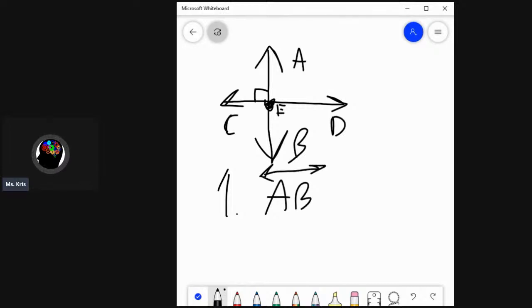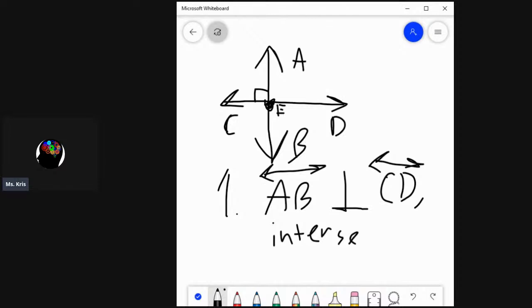And typically when you're writing a proof, of course, 1 is always the given.